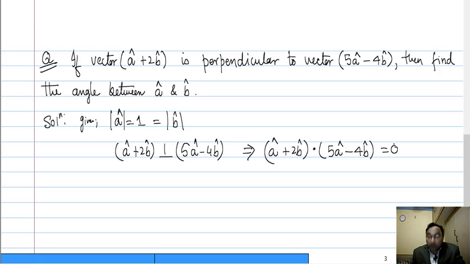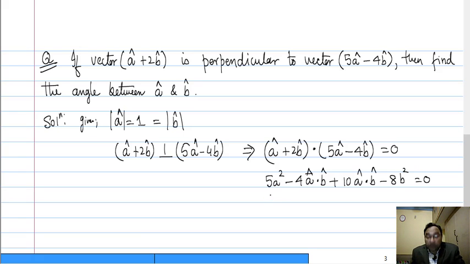So let us use the concept of dot product. This gives us 5a square minus 4 times a dot b plus 10 times a dot b minus 8 times b square is 0.